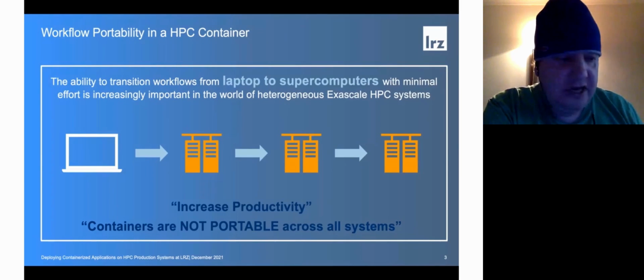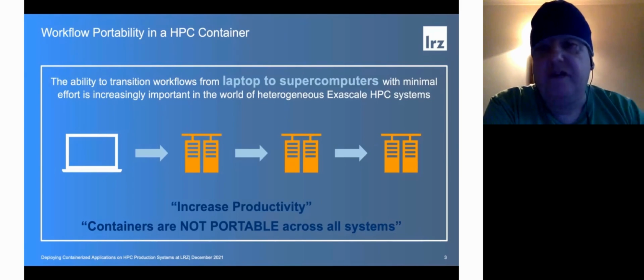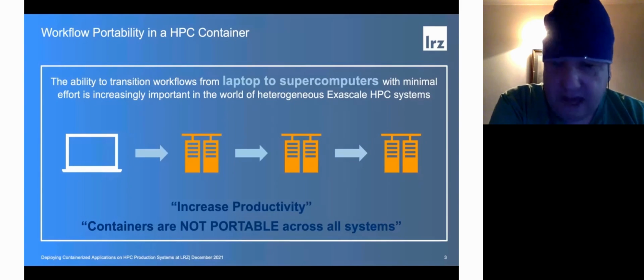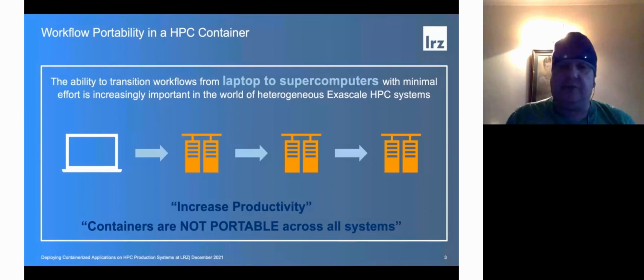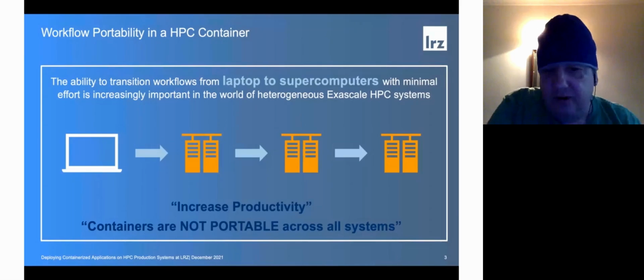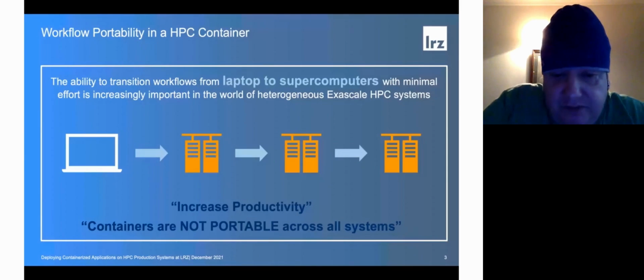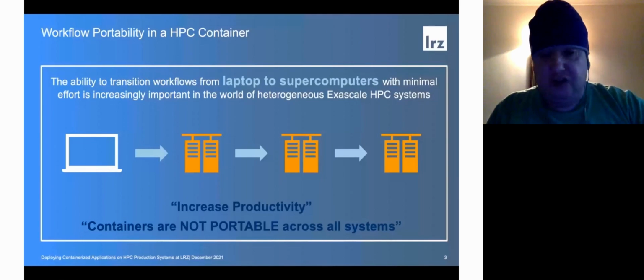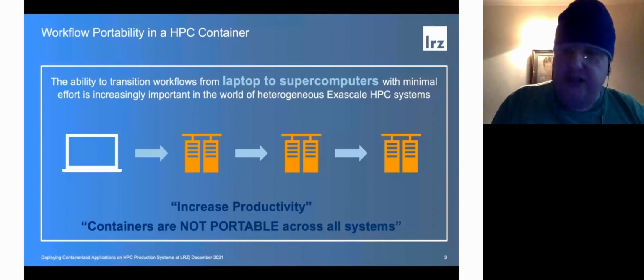And obviously, as we're moving towards the exascale era of supercomputing, a lot of the actual hardware is going to be heterogeneous. So it doesn't necessarily mean that what you've built for one system is going to work on another system. So what I put down is it does increase productivity, but it doesn't actually allow portability, because if you're moving from a CPU-only system to a heavily dominant GPU system, you've got to make changes, right?